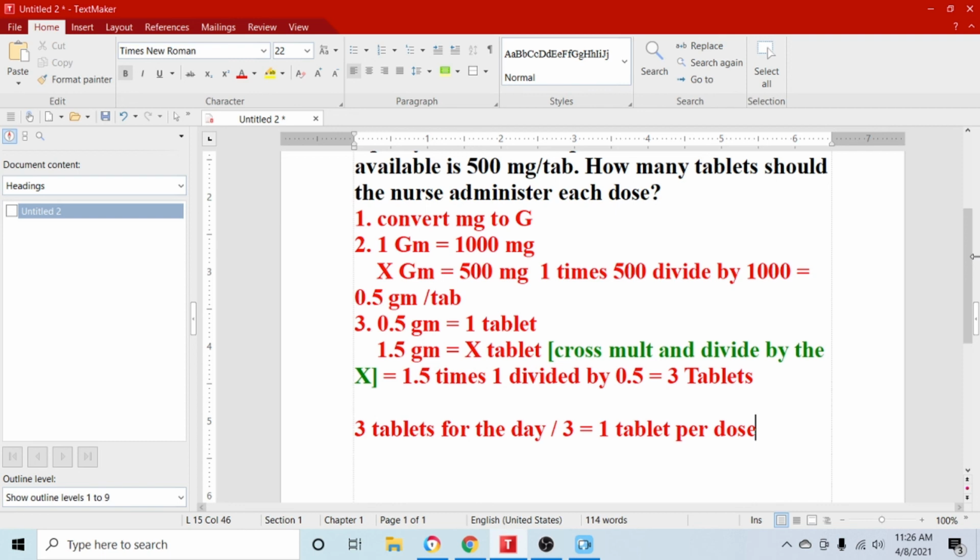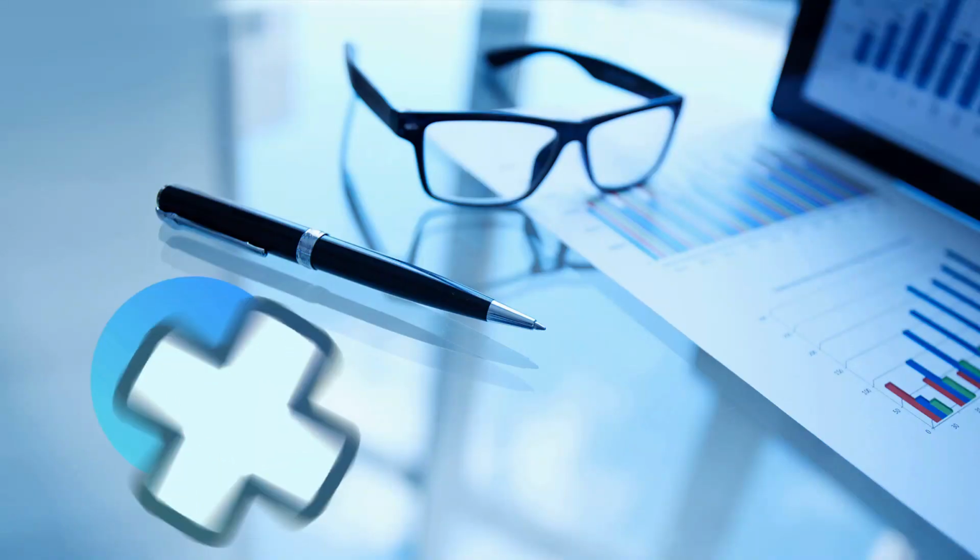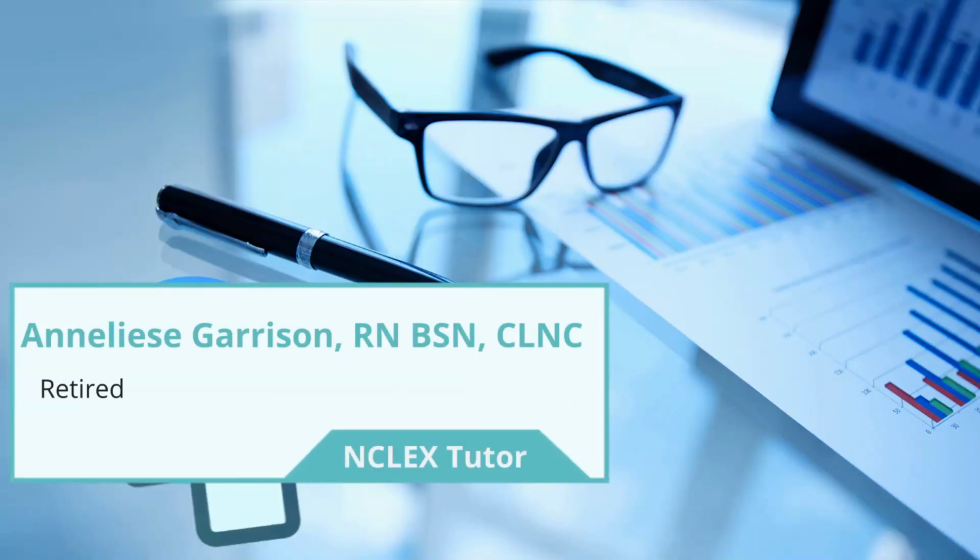And then we had to convert the gram into tablets to figure out how many tablets we had to give. We had to give 3 tablets for the entire day. So there you have it, beautiful souls. 1 tablet per dose. That is how you do the per dosage calculations.